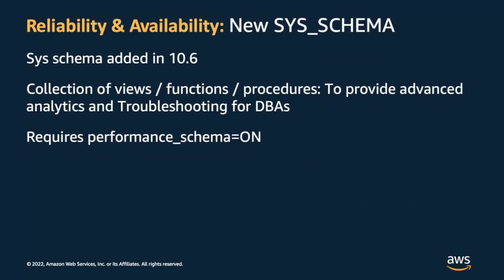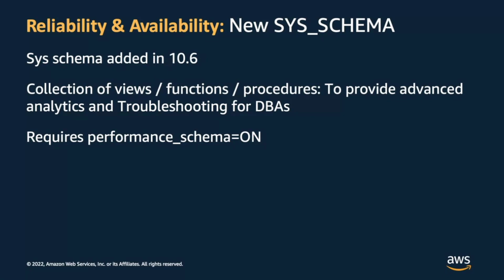MariaDB 10.6 introduced a very exciting schema for database administrators, which is a sys schema that is added in 10.6. This helps administrators get insights into the database usage for troubleshooting or any analytics.